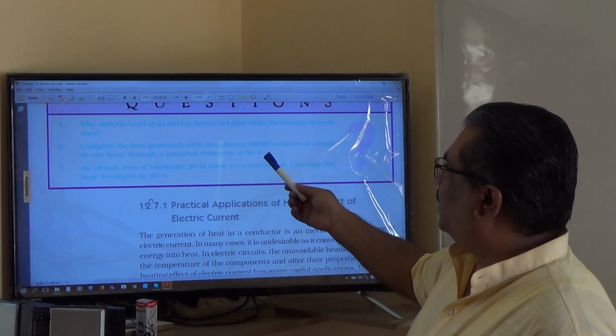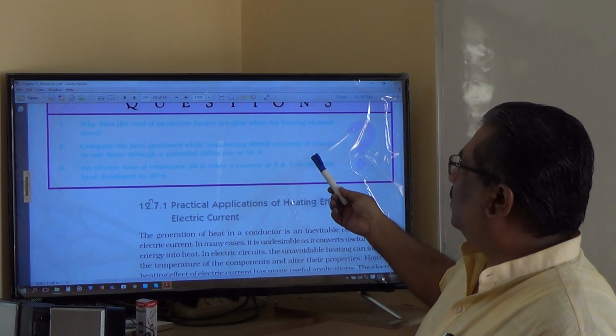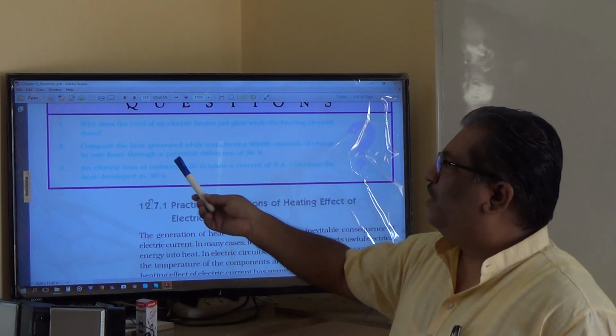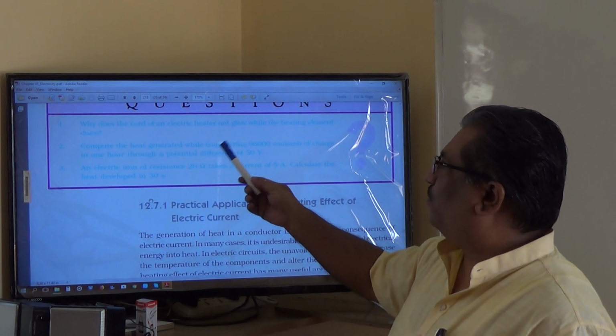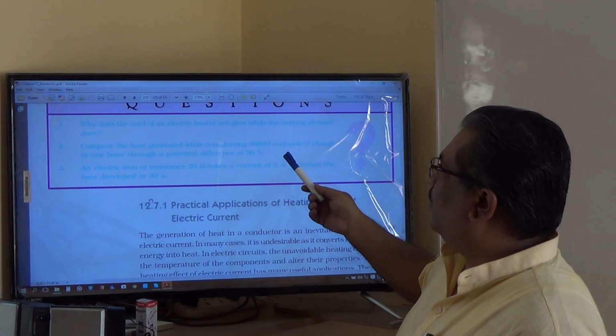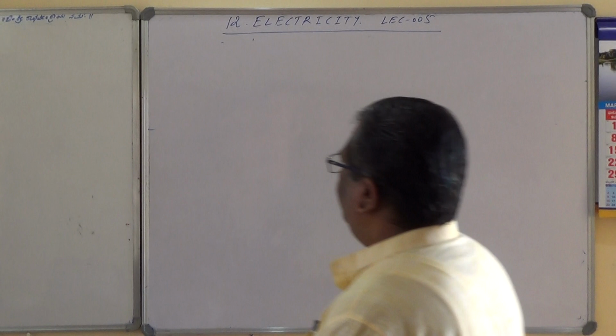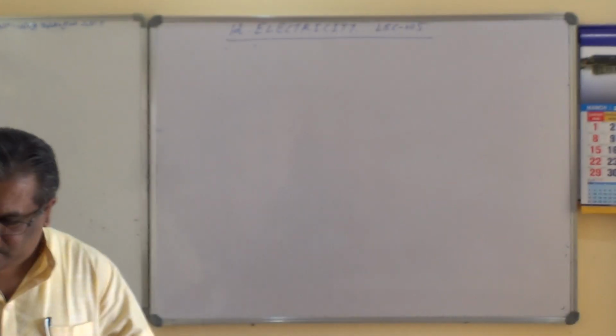Compute the heat generated while transferring 96,000 coulombs of charge in 1 hour through a potential difference of 50 volts. So compute the heat generated H. We'll solve this problem. What is the given information?